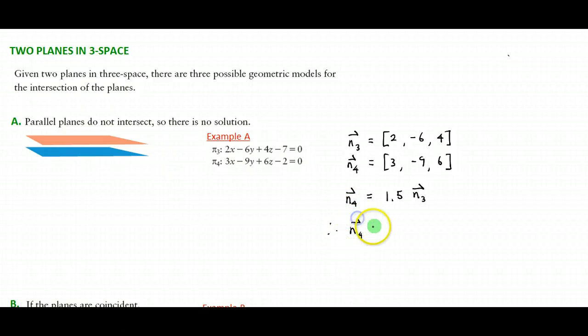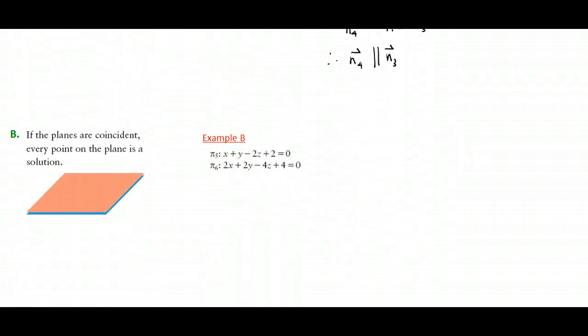So normal 4 is parallel to normal 3. If the normal vectors are parallel, that means we either have a situation where the planes are parallel and distinct, meaning no solution, or they're parallel and coincident, meaning we have an infinite number of solutions.